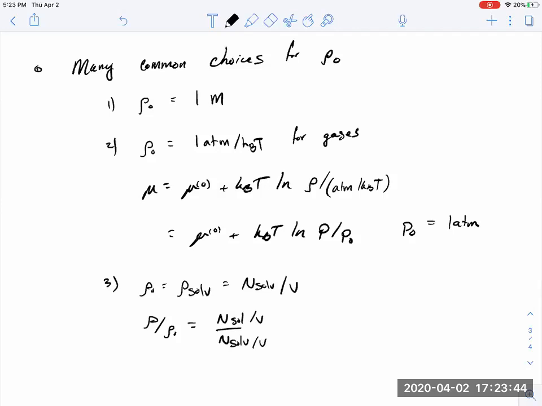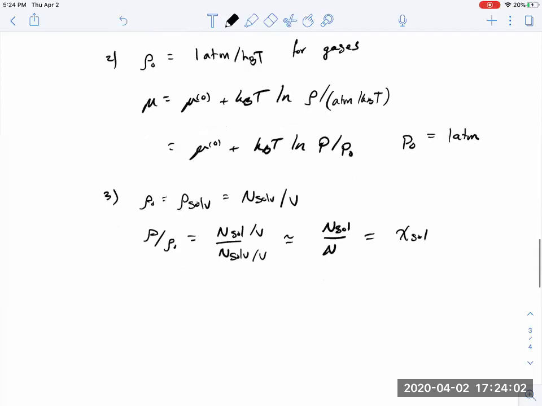And if we have a dilute solution, then the number of solvent molecules is much, much larger than the number of solute molecules. So this is approximately N solute over the total N, which we recognize as just the mole fraction of solute, thus getting rid of the units entirely. So we have the chemical potential is this reference piece, kBT log the mole fraction of solute.